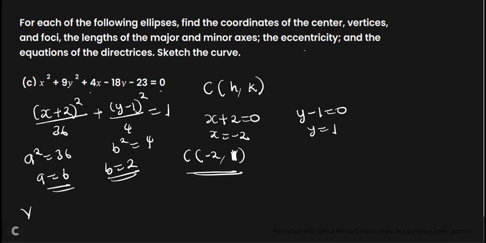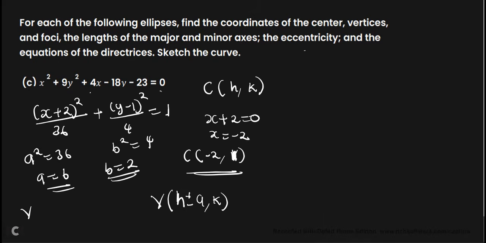And then after coming up with the center, you have your A is 6, and your B is 2. Then what else are we supposed to calculate? We have to calculate the vertices, right? The vertices in this situation, it's moving in the x-axis, such that it would be h plus or minus a, comma k, like that, right?